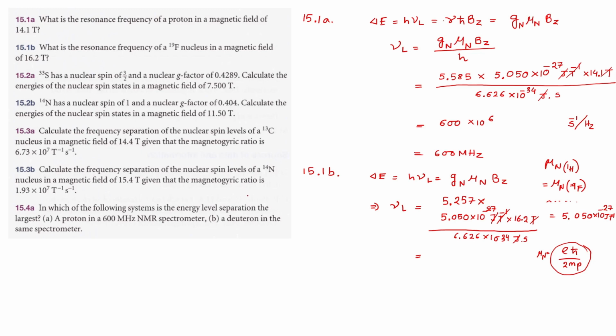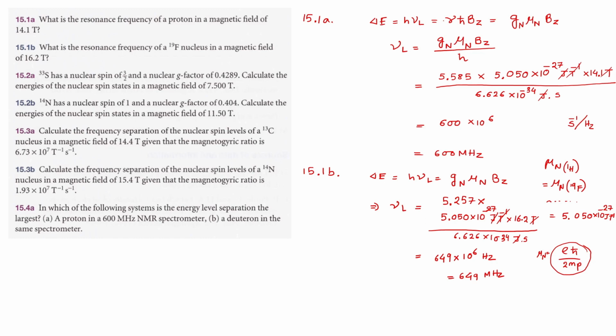It is actually coming as 649 into 10 to the power 6 hertz, which is 649 megahertz. There are some values after the decimals which I am not taking, but it is better you take them also.